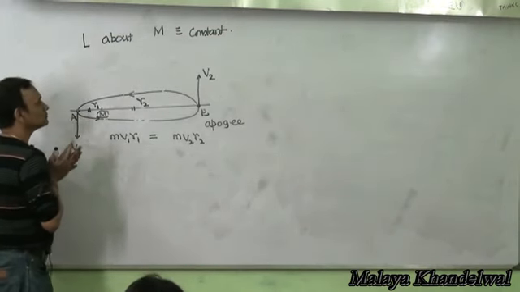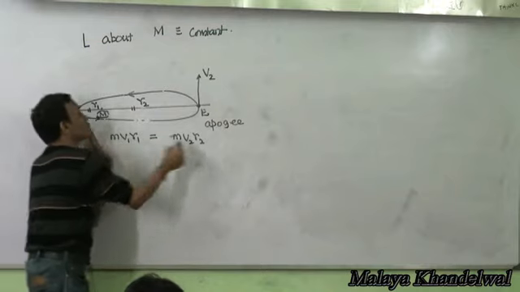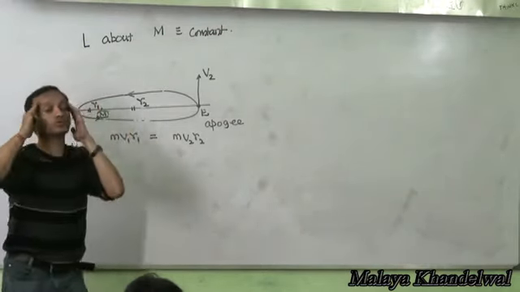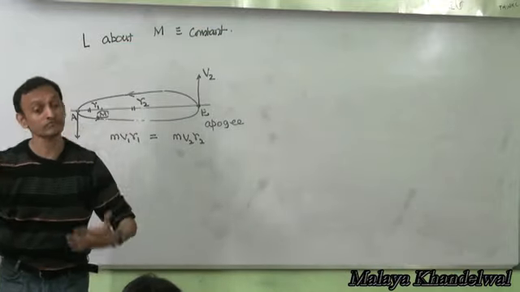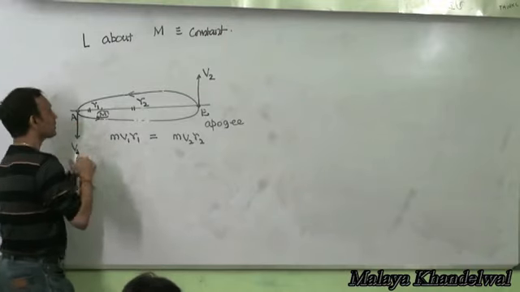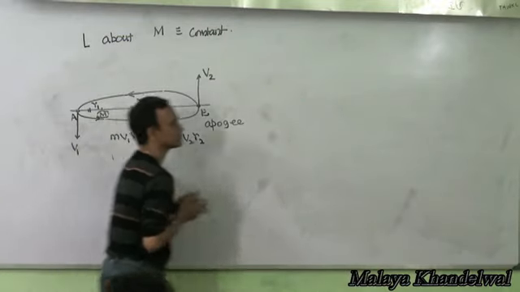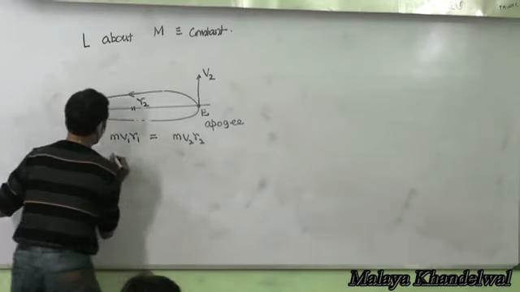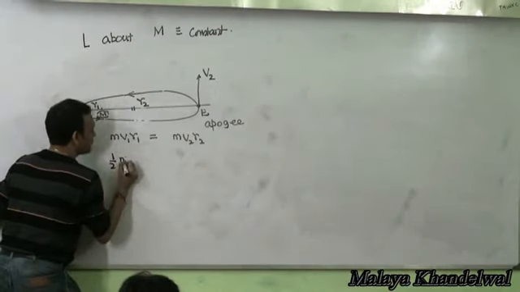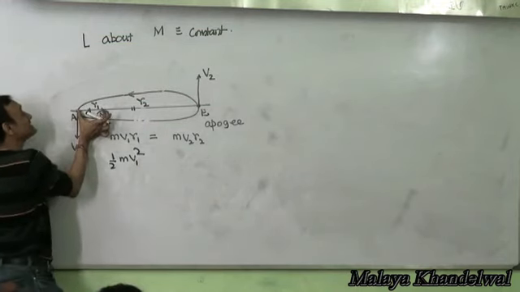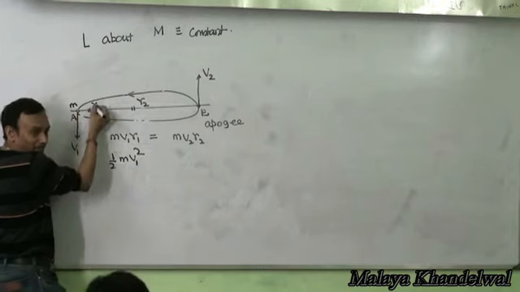Not just that, very often, not only do we apply the law of conservation of angular momentum, we also apply the conservation of total mechanical energy. The mechanical energy at A is potential plus kinetic, which is how much? Half m v1 squared as kinetic, and potential is minus GMm by r1.